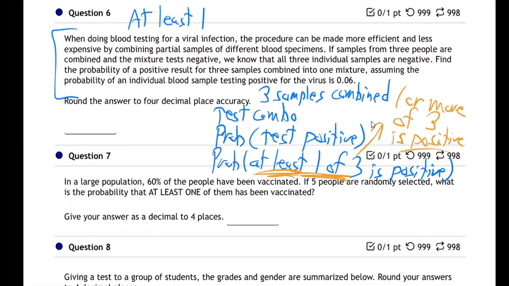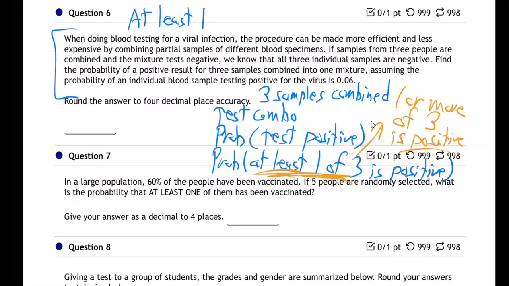See how they're tricky and they didn't use the words at least one, but they're using the concept of at least one. That's what I mean by the fact that this is getting harder. But this is reasonable. This is college level. This expects some mature, logical, analytical thinking. So at least one. How do we do at least one?